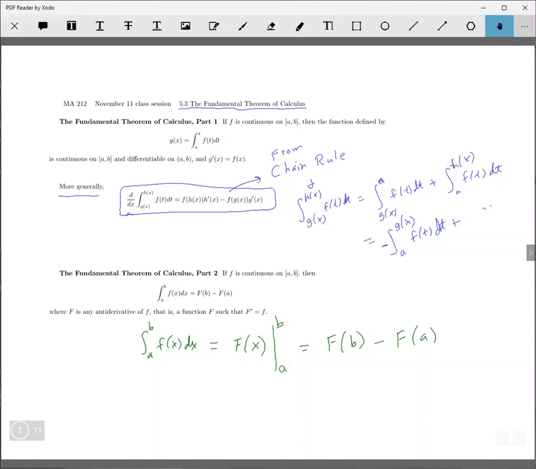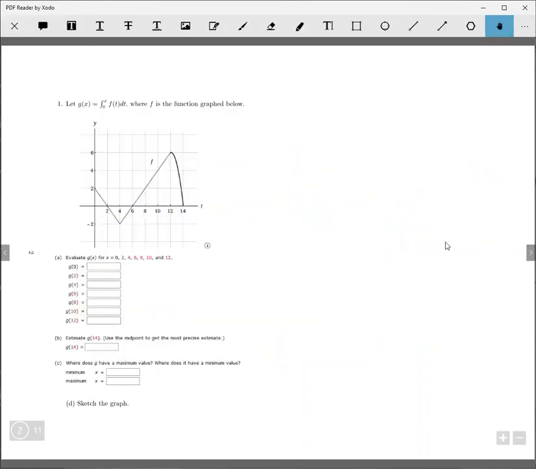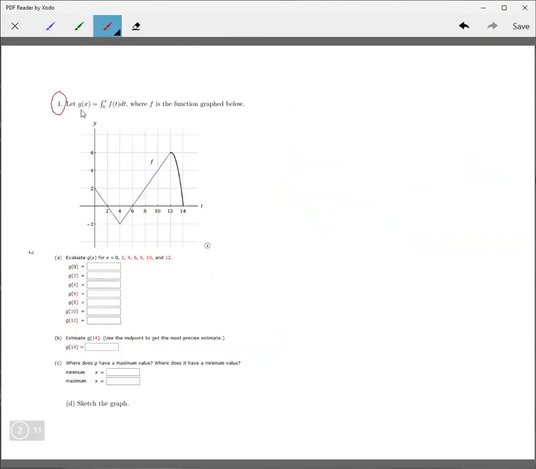Okay, so let's get to some exercises. Number one is to help us understand the concept. We have this function g of x is the integral from 0 to x of f of t. Here's f, this is f, not g. g is the integral from 0 to x. So g of 0 will be the integral from 0 to 0 of f of t, and if the upper and lower limits are the same, then this is just going to be 0.